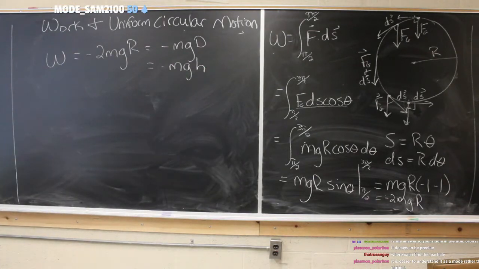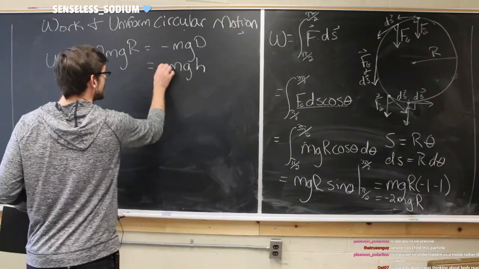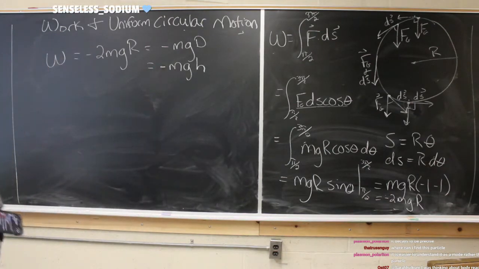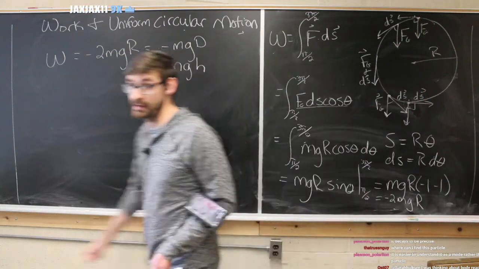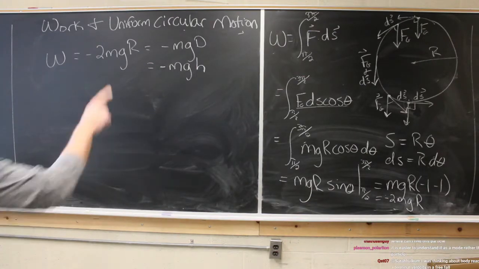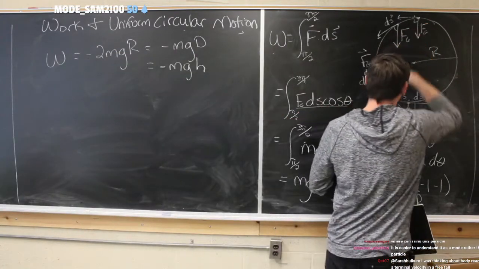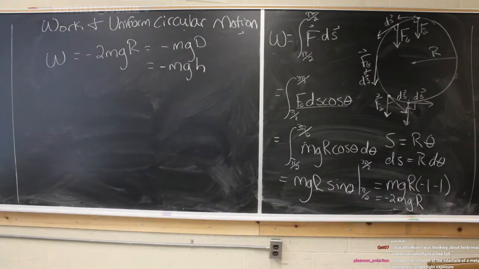This is what you thought, Dodo. This is what you thought was happening, right? We have this extra energy if you just go from the top to the bottom. We get this extra potential energy of mgh if you go from the top to the bottom. That's the work done from going to the top to the bottom.